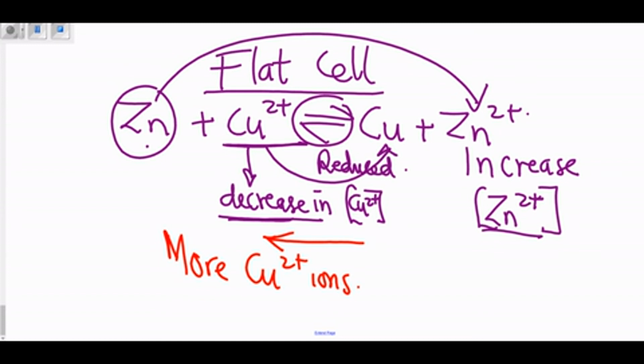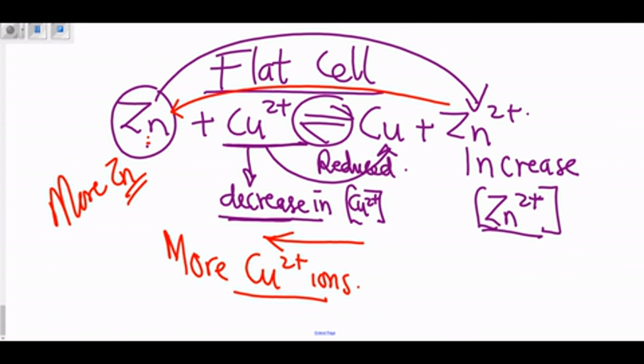This will continue until a new equilibrium. Now, if more Cu2+ ions are formed, it means that more zinc solid also will be formed because the reverse reaction is now being favored. More Cu2+, more zinc through reduction will also now be formed, moving from zinc 2+ back into zinc. Now we're going back from here because of Le Chatelier's principle.